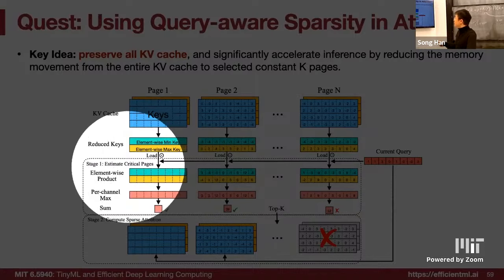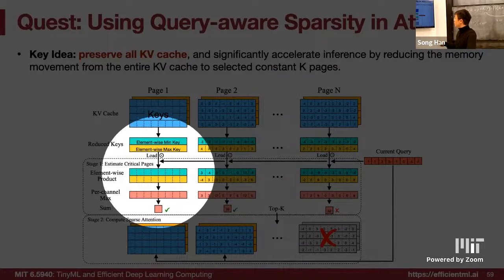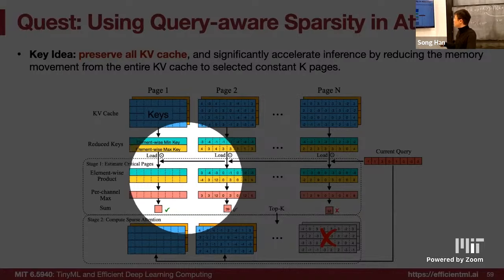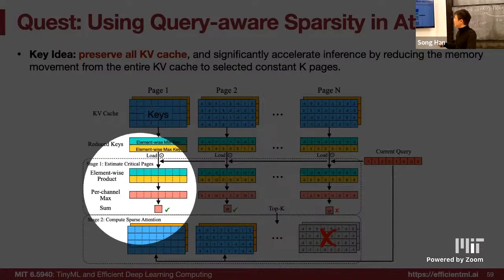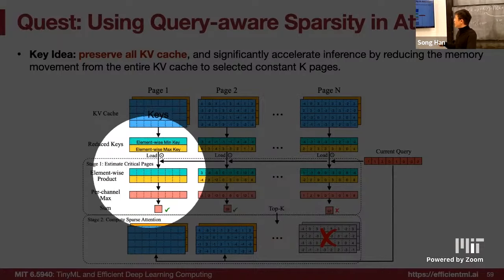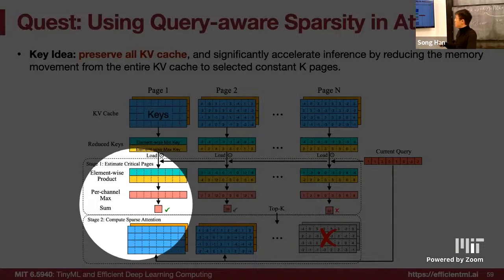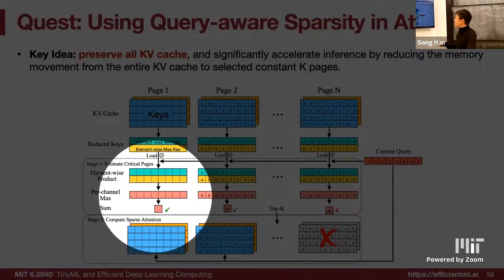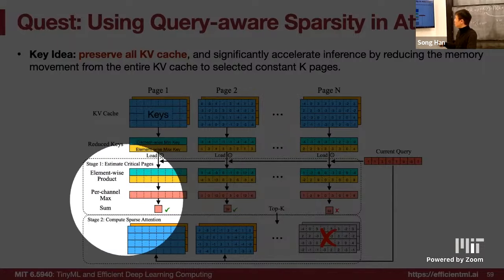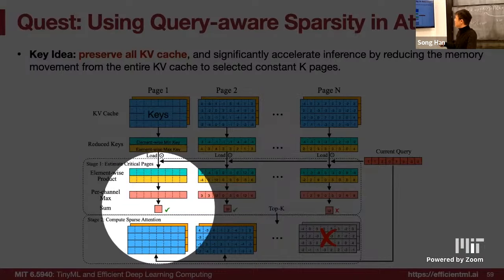This is the element-wise product with the min key, this is the element-wise product with the max key, and then we find the max between the min and the max right here. So the red one is the largest value, and we sum it up.